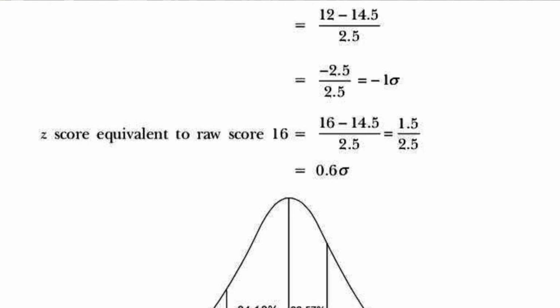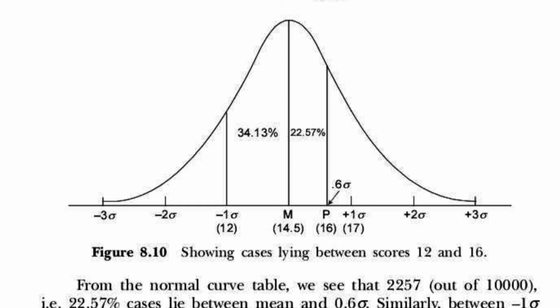It means that from mean to 0.6 sigma, we have 22.57% of cases. Similarly, from mean to minus 1 sigma, we have 34.13%, which we come to know by looking at the normal curve table.